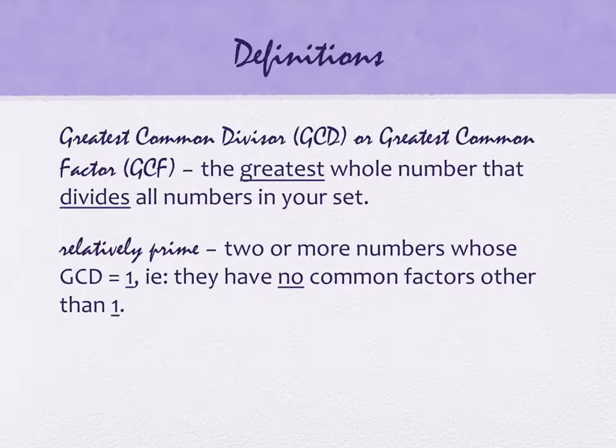So where have we seen that before? Back when we did the divisibility rule for 6, and we said the reason the divisibility rule for 6 works is because 2 and 3 have nothing in common. So we would actually have called 2 and 3 relatively prime.